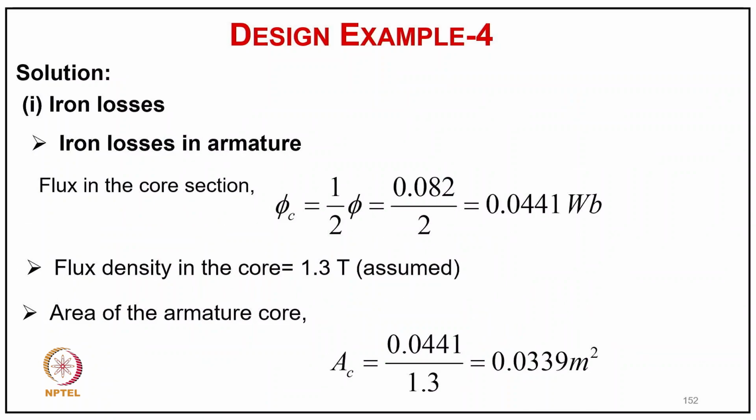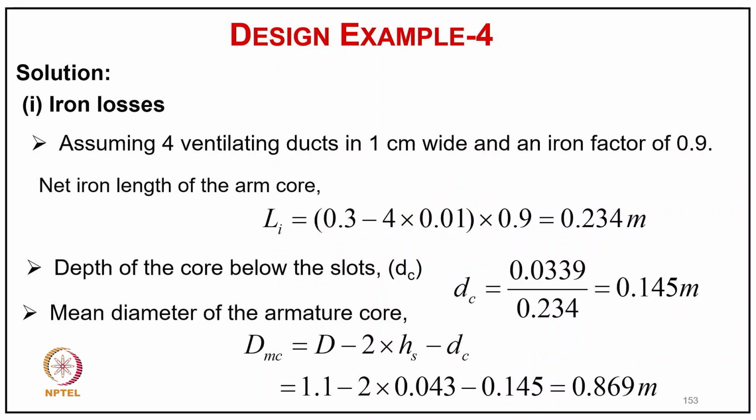Now coming to the iron losses in the armature. The flux in the core section is phi equal to half of the pole flux, that is 0.0882 upon 2 equal to 0.0441 Weber, and the flux density in the core is 1.3 Tesla. The area of the armature core is this flux divided by the flux density, which comes to 0.0339 meter square.